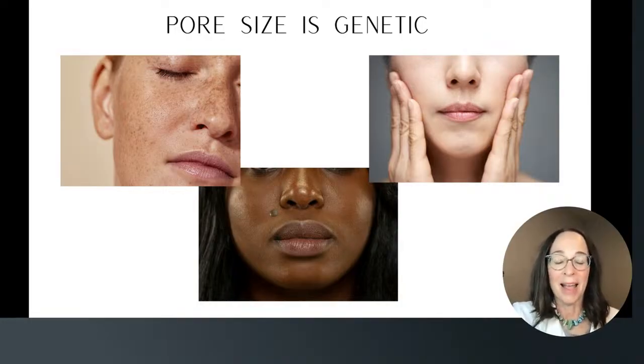Whether we have black hair, red hair, curly hair, straight hair, our pore size is exactly the same way. And because this pore size is genetic, it's very unwise to try to shrink our pores, because you're basically taking all the functionality out of our pores, and that leads to bigger problems.